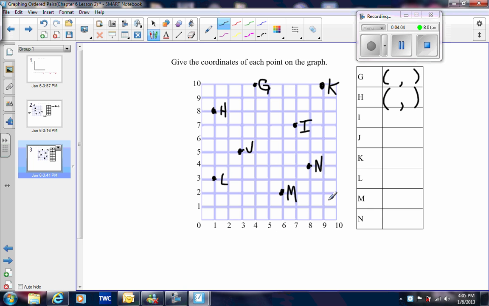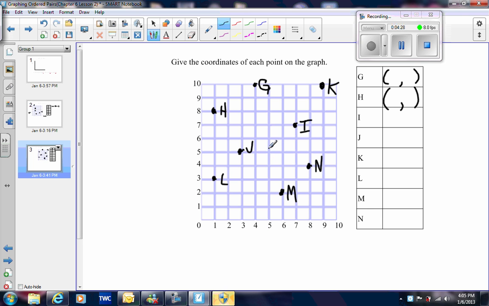My second number is going to be how far I went up. And then I can put those coordinates in there to tell where each of these points on the graph is. This is called an ordered pair. It's a pair because there are two numbers and they are ordered. They tell you how to get to those points, right?